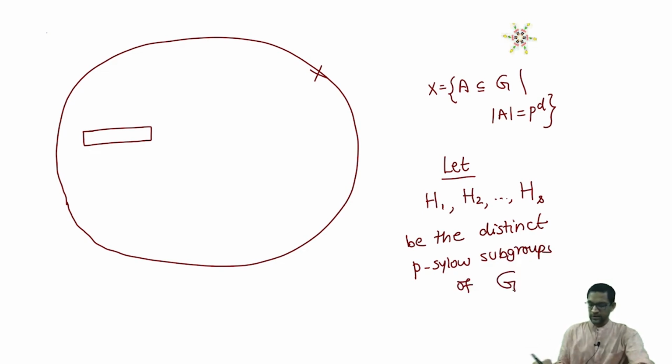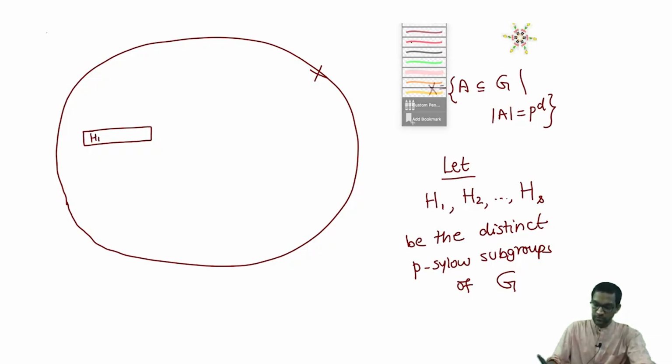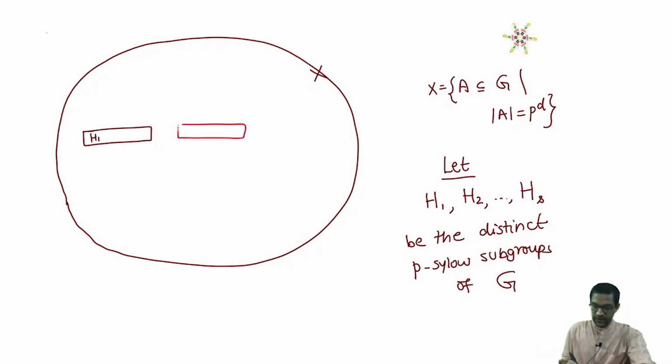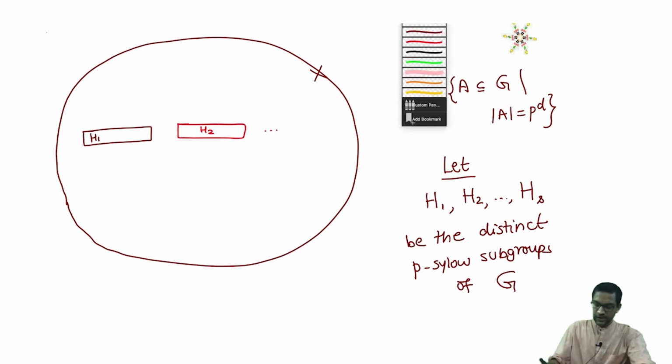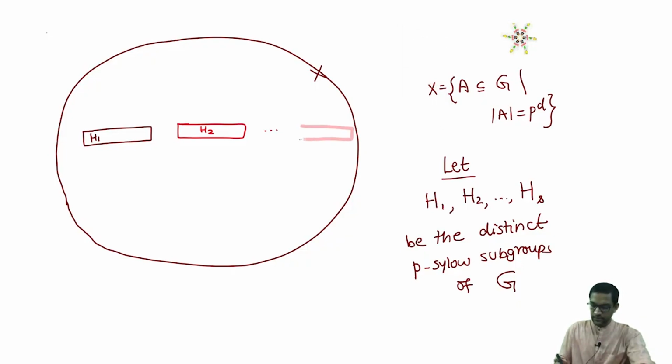And so in fact they are all elements of this set X. So H1, this subgroup, is somewhere in X. Maybe we'll put them in different colors. So I have H2, another subgroup, and so on till I finally get my last subgroup, Hs, right here.